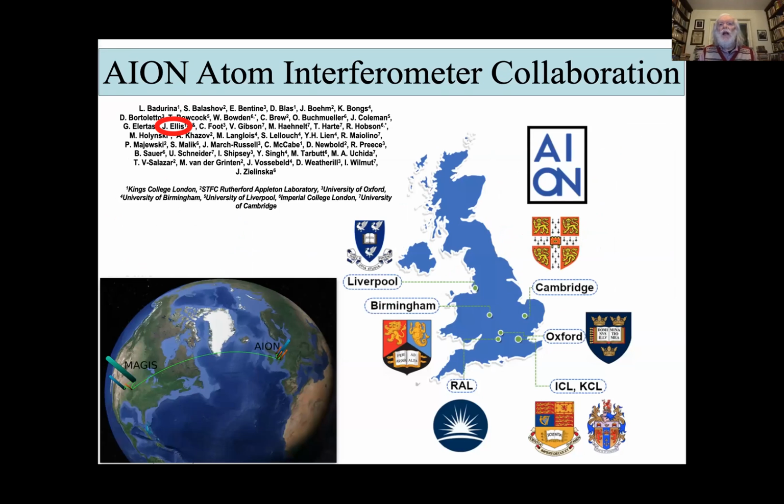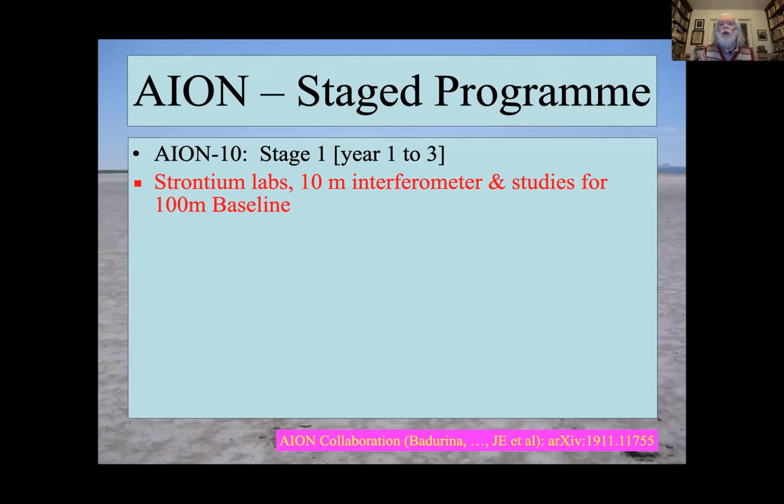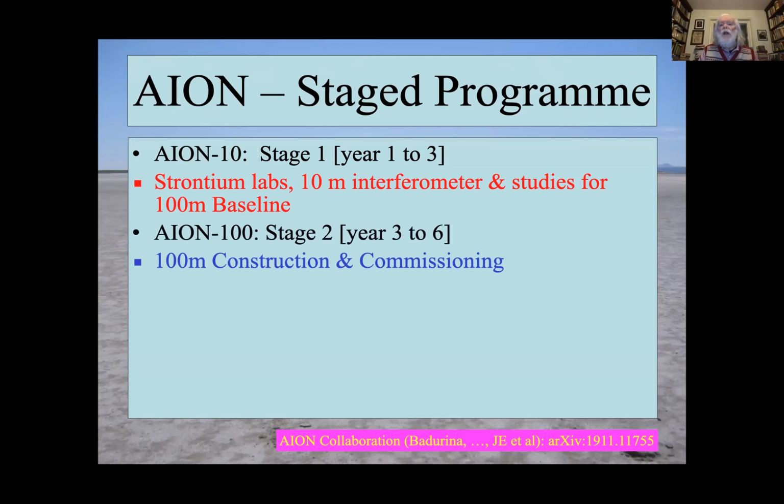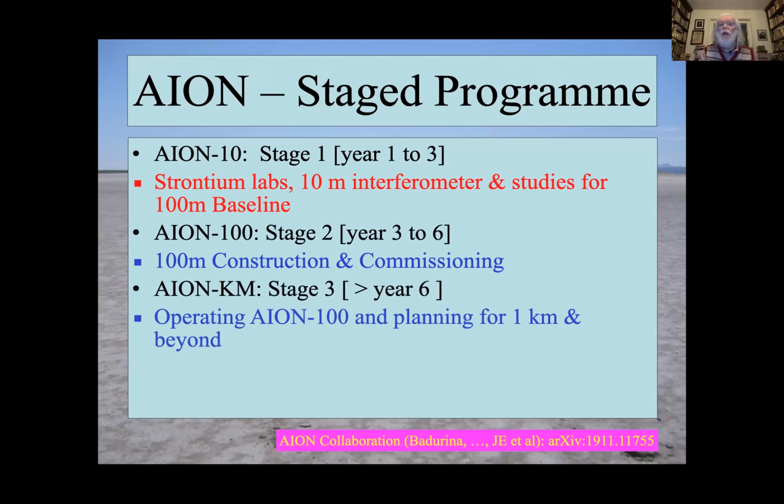So I declare a personal interest. I am a member of a collaboration in the UK called AION, which is planning to construct atom interferometers to probe gravitational waves. We're going to start off fairly modestly with a 10-meter device. Then we hope later on to go up to 100 meters and 1 kilometer.